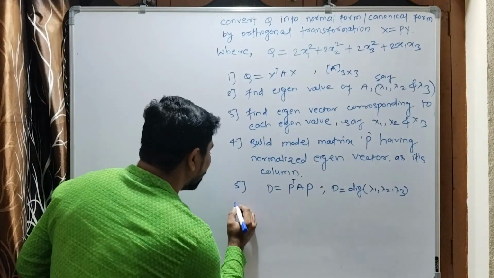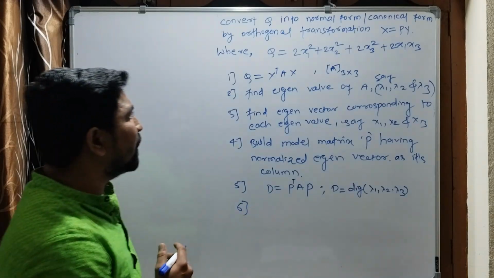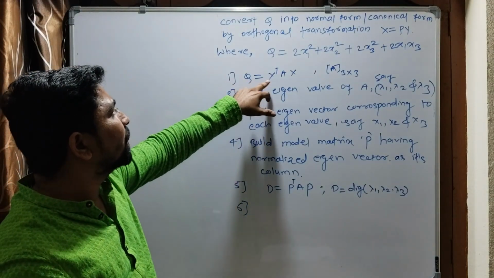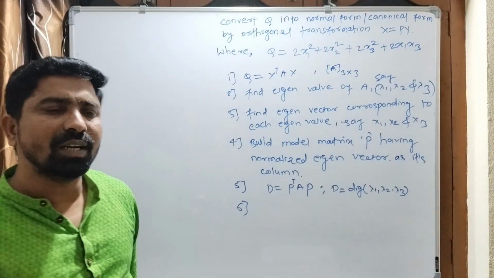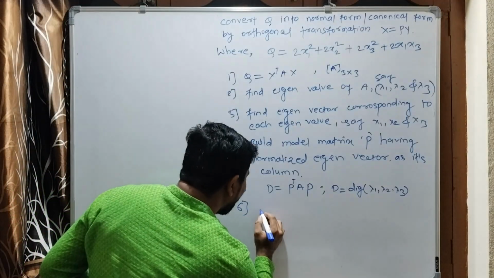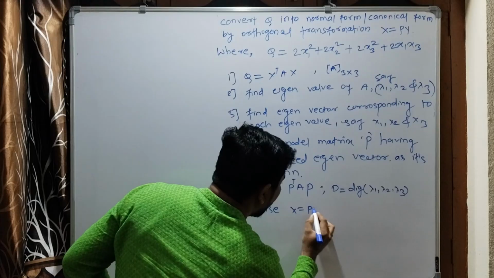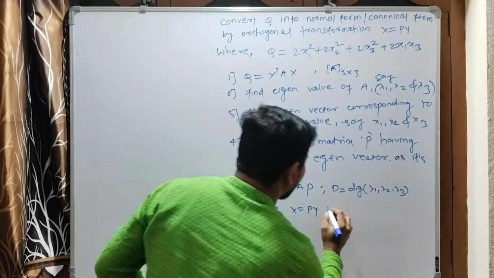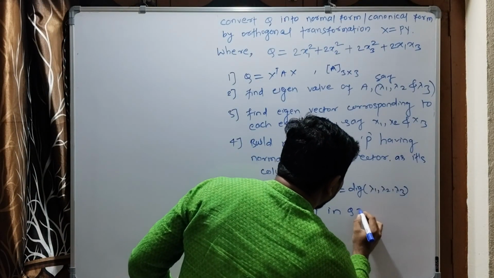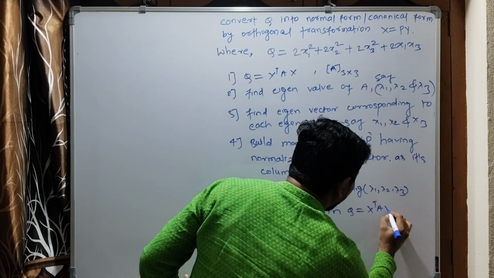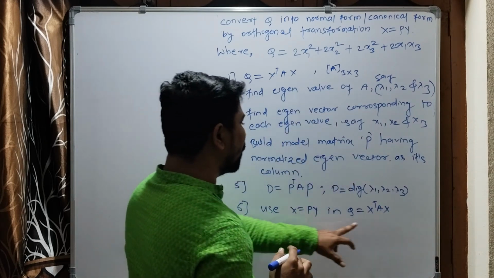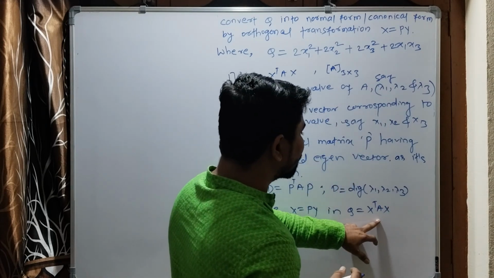This is your fifth step. After that, from step 1, Q equal to x transpose Ax, that is given information. Here use x equal to Py, the orthogonal transformation, in Q equal to x transpose Ax. So just put the value of x as Py in this quadratic form.